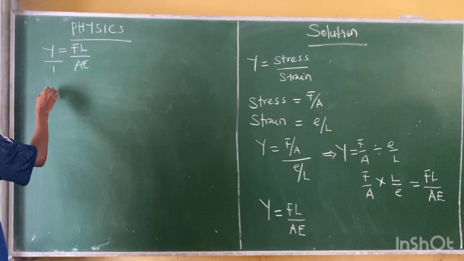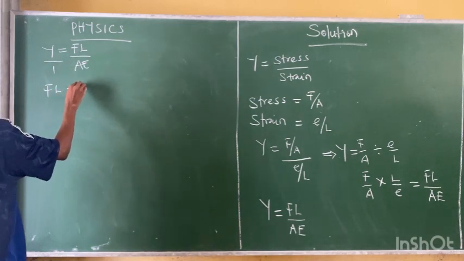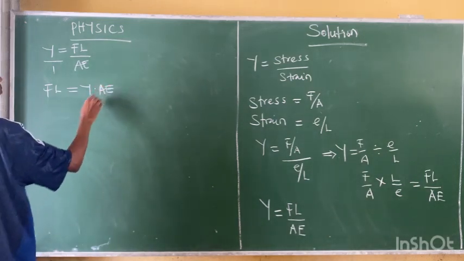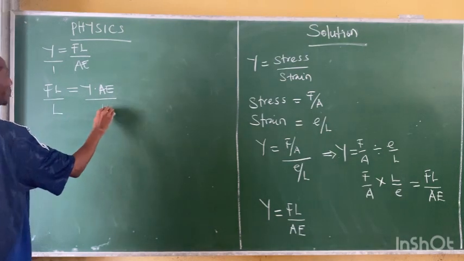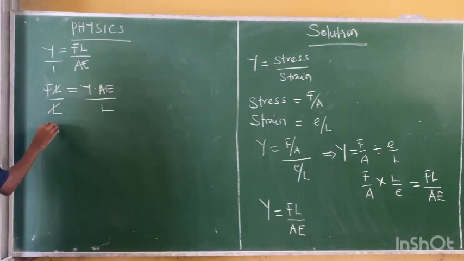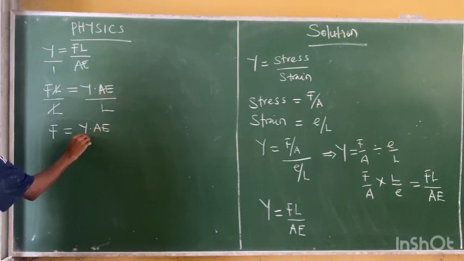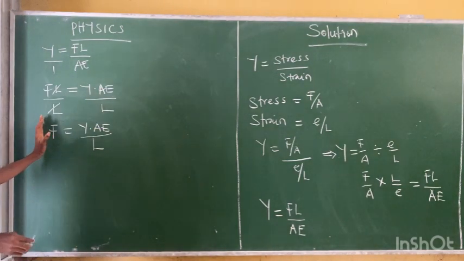When we cross multiply, we have FL is equal to YAE. We divide both sides by L, and this will take away this L. F is equal to YAE over L.